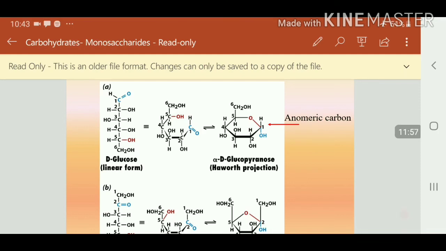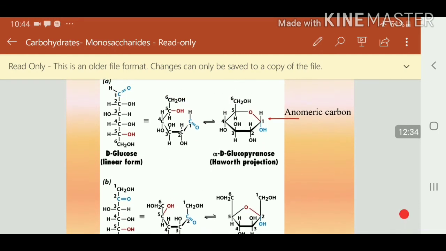It is called the anomeric carbon number 1, and the configuration around this anomeric carbon is considered for deciding whether the sugar is alpha or beta. When OH of the first carbon is written below, then it is alpha D glucose, and when OH is written on the upper side, then it is beta D glucose. So alpha D glucopyranose.